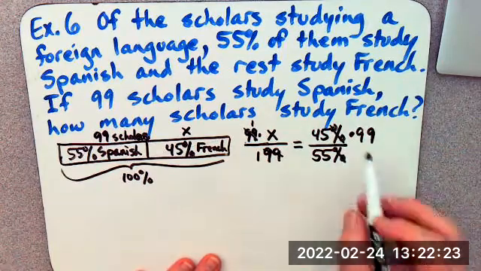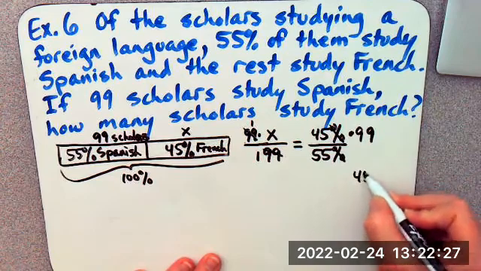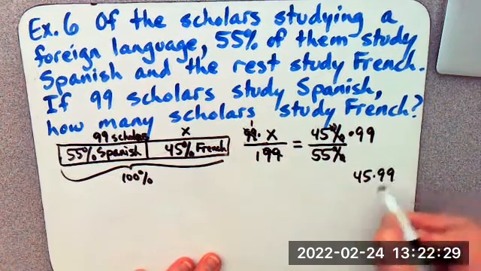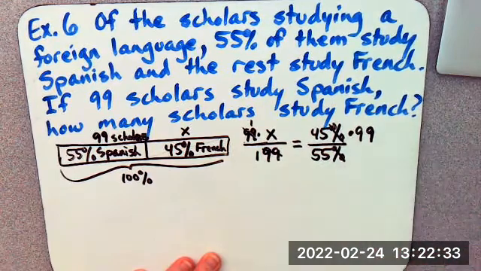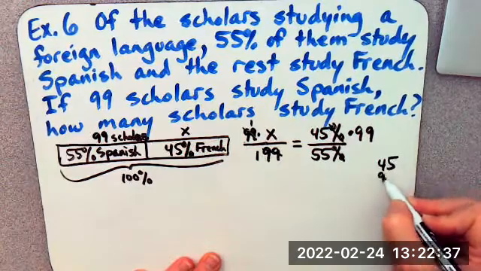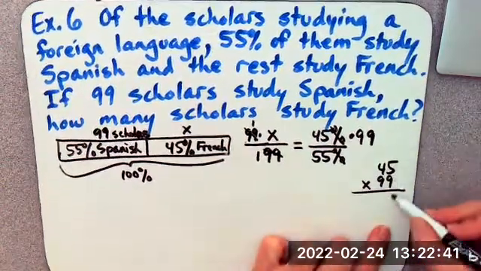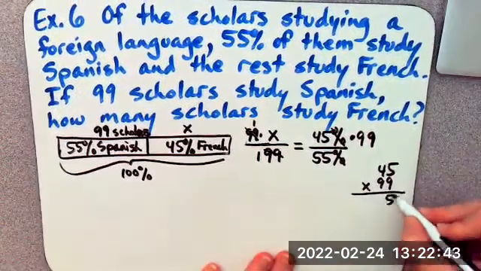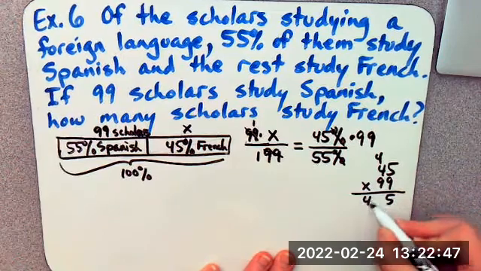So we need to multiply 45 times 99. So 45 times 99. And whoops, let me do it like this. So 9 times 5 is 45. 9 times 4 is 36, plus 4 is 40.